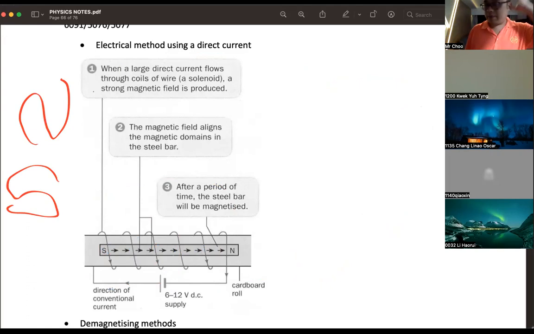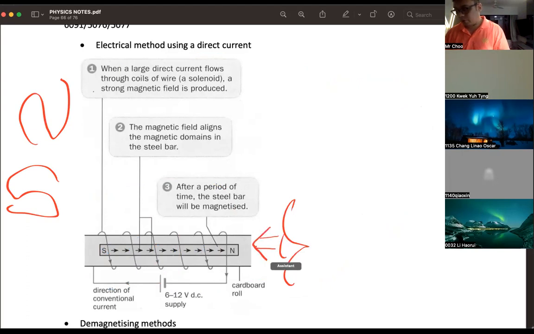But I don't like the method of looking from the end. You put your eye here. If you look at the wire and it looks like an N shape, then it is a north pole. If it looks like an S shape, it's a south pole. I don't like this method because it's hard to understand.